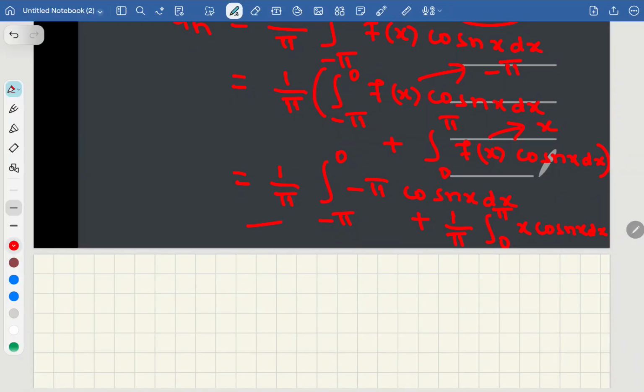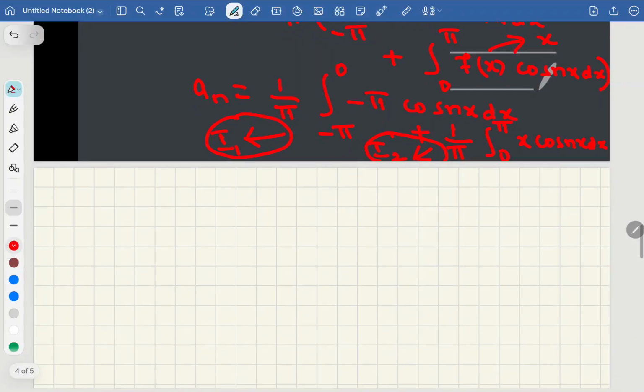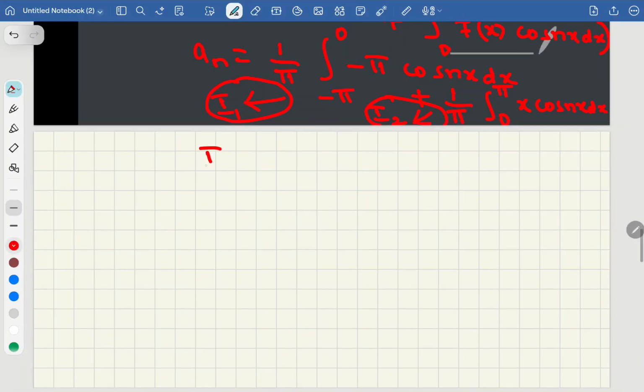I am going to take this integral as I1, this one as I2. For a n, I am going to find I1 and I2 separately so that it will be easy. What is I1?